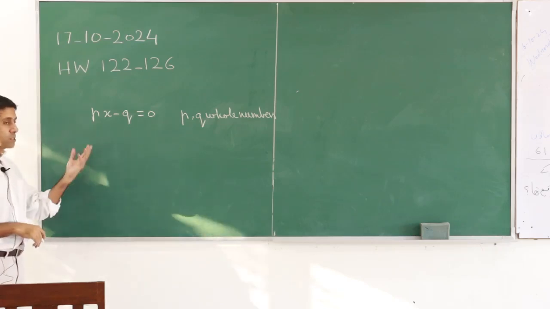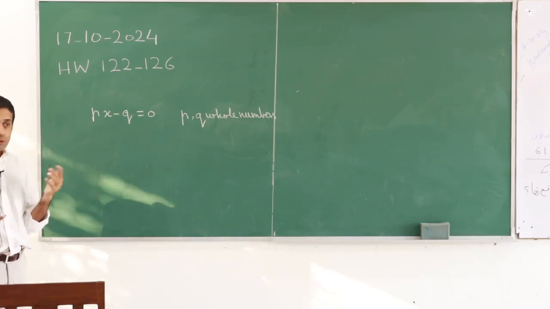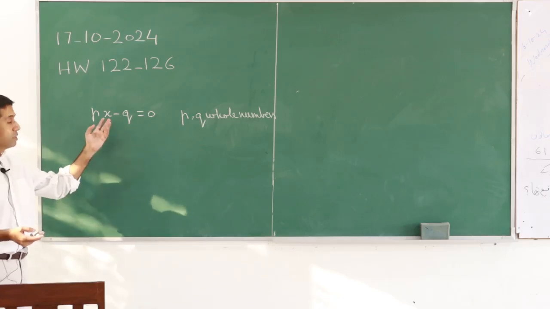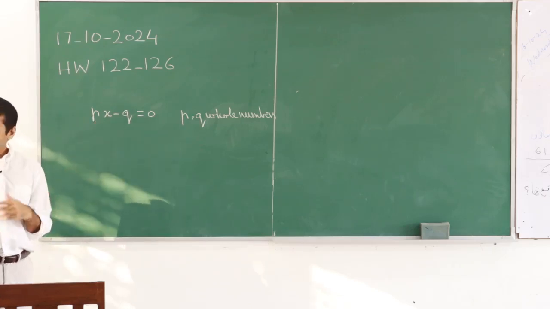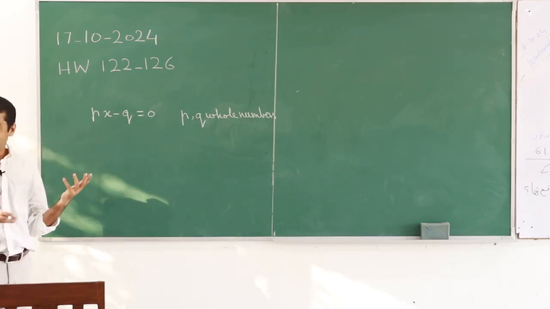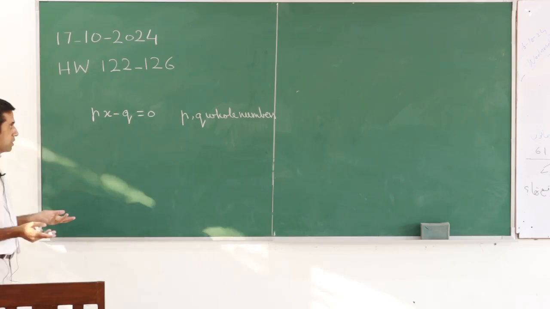And now, what's the solution to this equation? The solution to the equation is a new number. I'm defining fractions. The solution to this equation is the fraction q over p. Okay? That's how you define fractions in modern terms. It's a weird way of defining fractions.